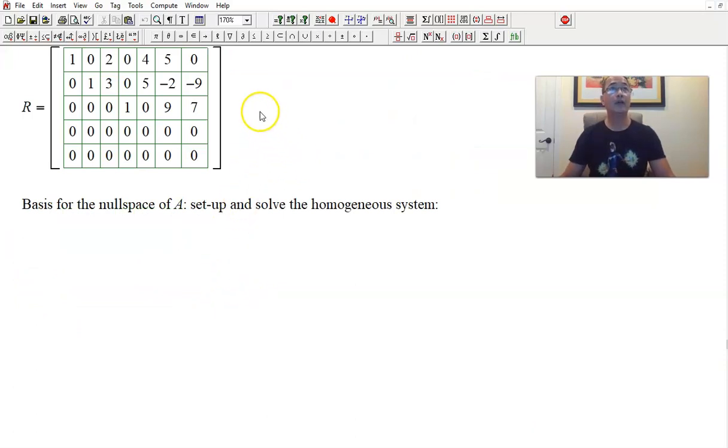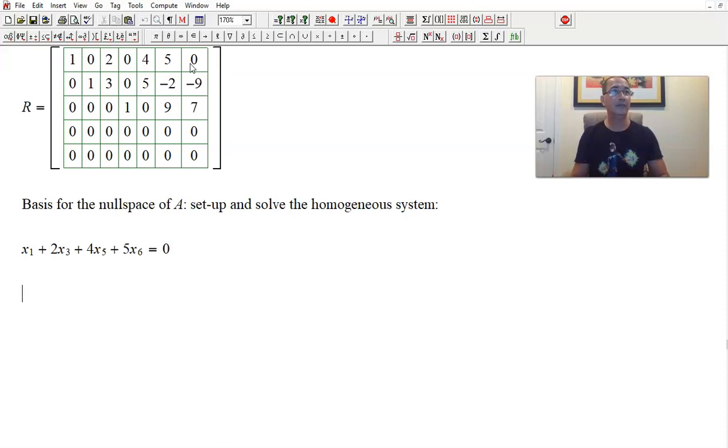All right, so the homogeneous system, imagine that you have zeros on the right side. So that 1 corresponds to x1, the 2 corresponds to x3, the 4 corresponds to x5, and the 5 corresponds to x6. Okay, there's a 0 here for x7, so x7 does not appear in the first equation. Set that equal to 0.